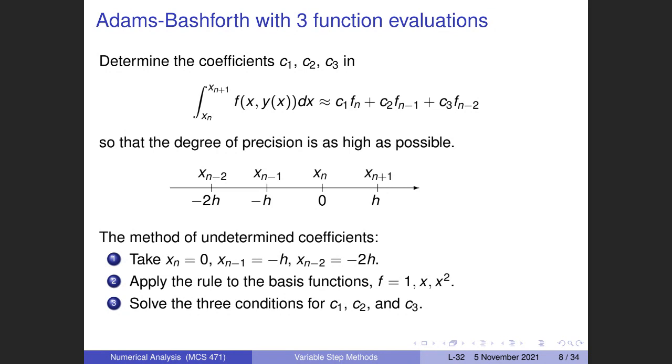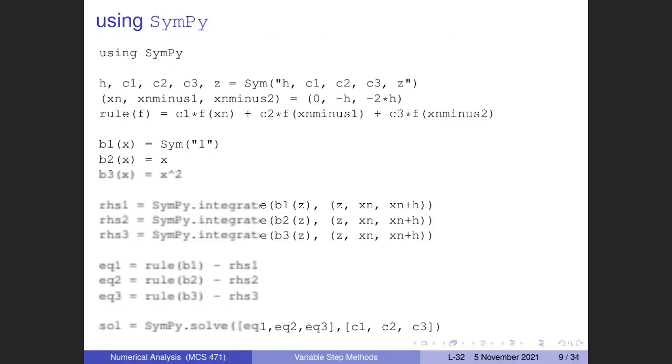So our Adams-Bashforth rules can be constructed by running a simple script that uses SymPy. So we used SymPy in the method of undetermined coefficients. So now we use it in a different setting. So we have our points, and we integrate from xn to xn plus 1.